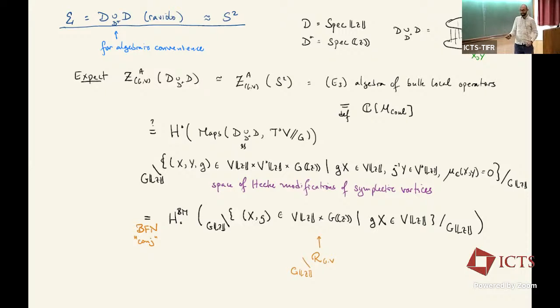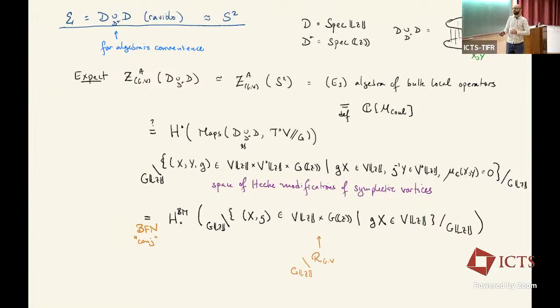So what did BFN actually do? They think of this whole thing as some derived cotangent bundle and sort of map onto the base. Y gets ignored. The complex moment map condition drops out.